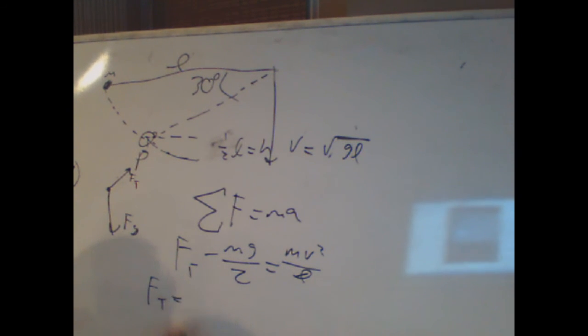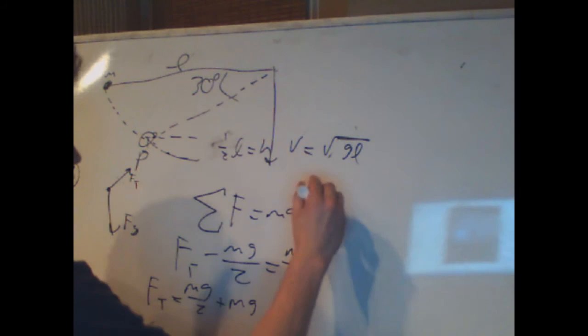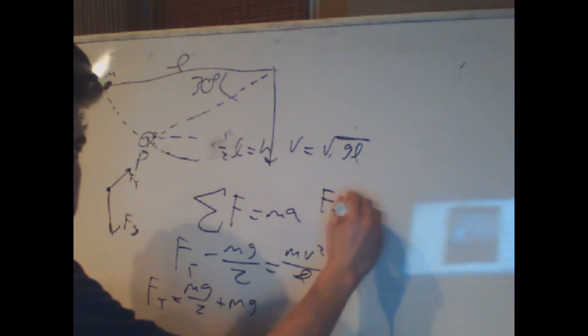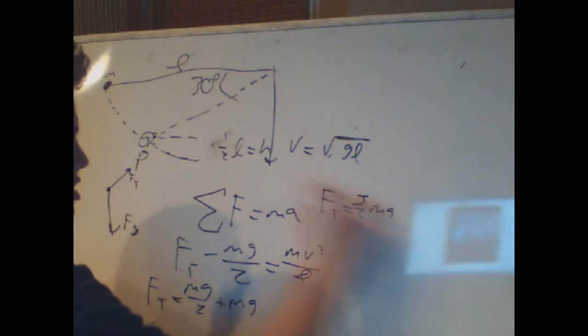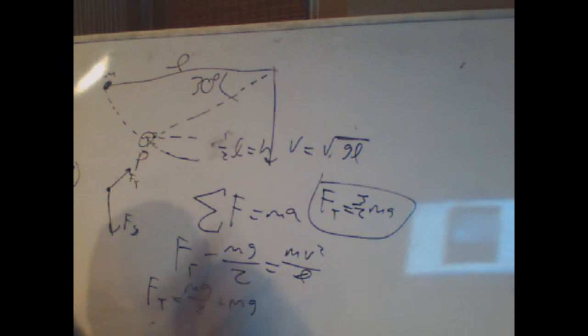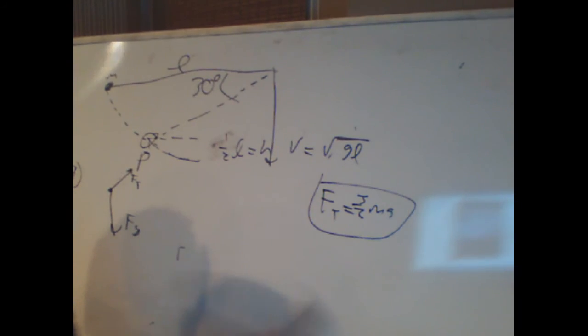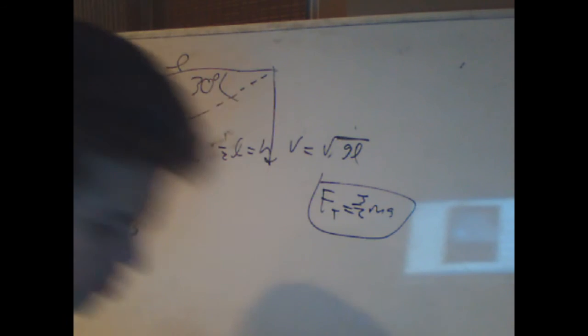So F_T equals, I'm going to skip a step again, just plug directly in and simplify, mg over 2 plus mg. So F_T equals 3/2 mg. And I'm going to keep that, erase the rest of this.